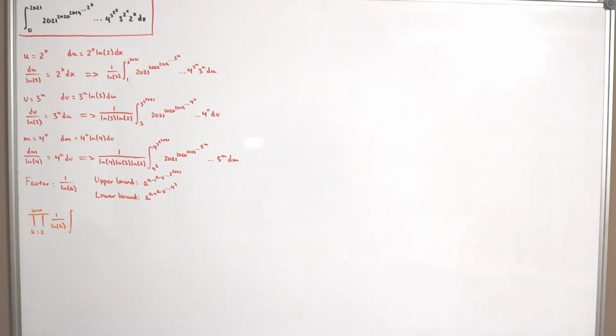So we plug in this upper bound, so that means this will have to be 2020. So we get that our lower bound is 2020, 2019, and all the way up to 4 to the power 3, and then over here this is 2020 to the power 2019, and then hold on, let me write that a little better. 2019 all the way up to 2 to the power 2 to the power 2 to the power 2021, and we get that this is just 2021 to the power u du.